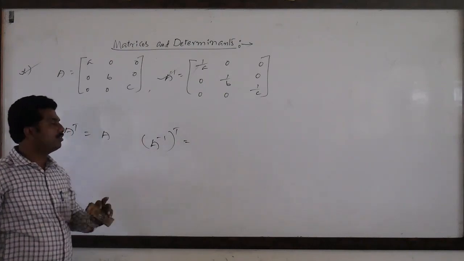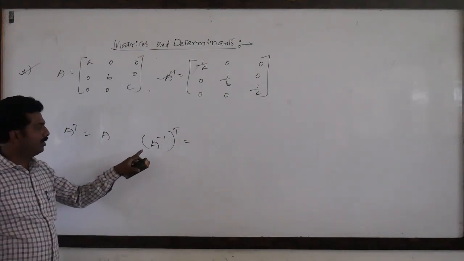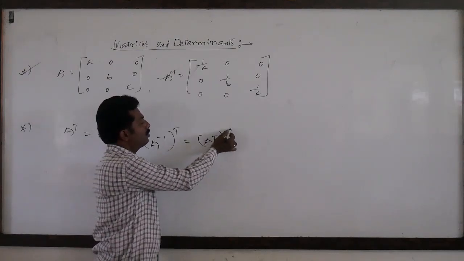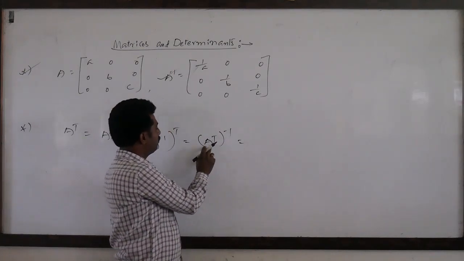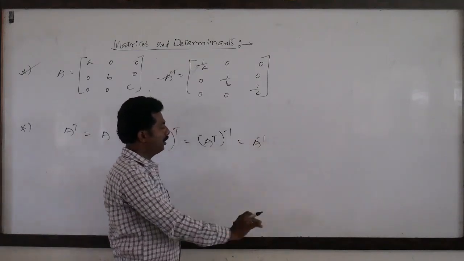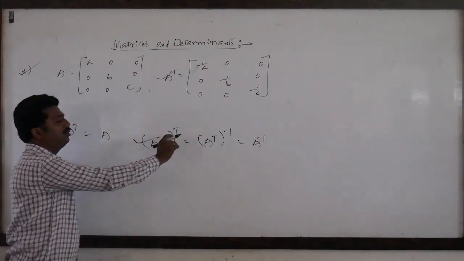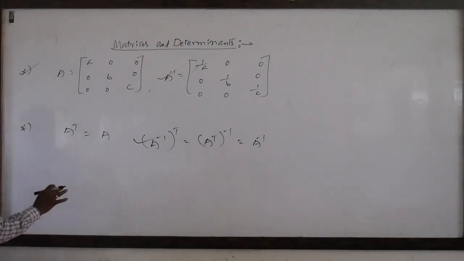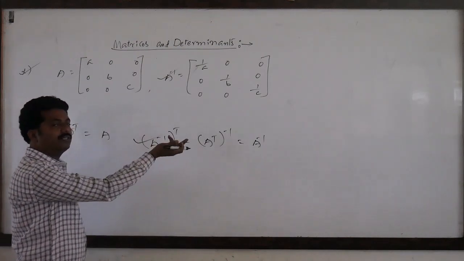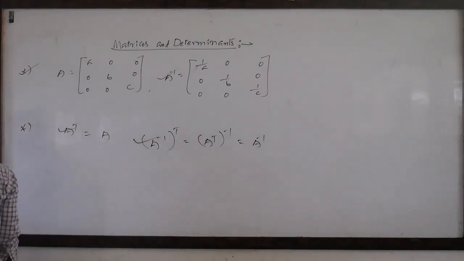Just the previous concept: A inverse whole transpose equal to A transpose whole inverse. A transpose is nothing but A. Again we got A inverse only. So A inverse is also symmetric. So A is symmetric means its inverse is also a symmetric matrix.